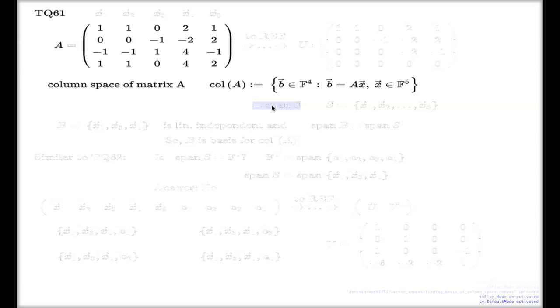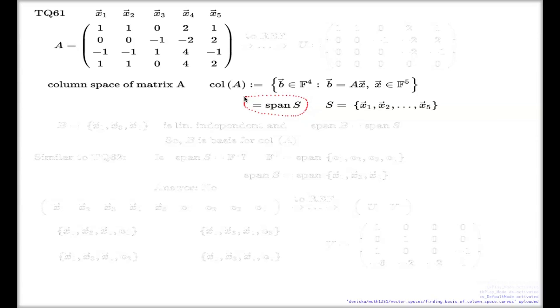And in fact, on one occasion, we identified this column space with a span of S, where S is a set of vectors formed from the columns of my A. So if this is my X1, this is my X2, X3, X4, and X5 vector, which are simply the columns of my A. If I take them as vectors, and if I take the span, that will be the same column space. That's why I told you, even though it's a new name, we have discussed this concept in principle before, a few times already. So it's not a name to remember, another notation to remember, but it's an object, in fact, which we met already a few times.